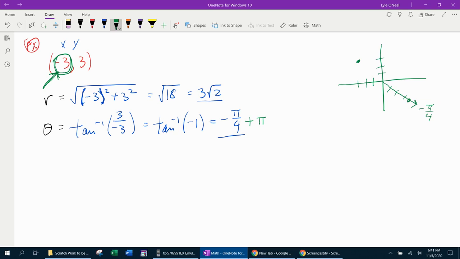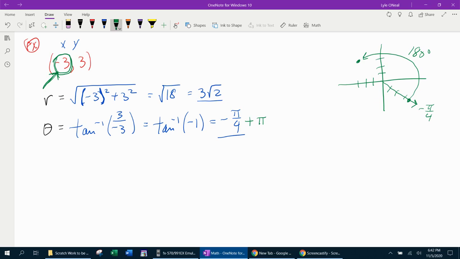It's going to be a little bit more than 3. Can you see that these points are 180 degrees out of phase? And that is why you have to add 180 to theta. That's so that your point will plot in the same spot. Then you'll have the correct dot.